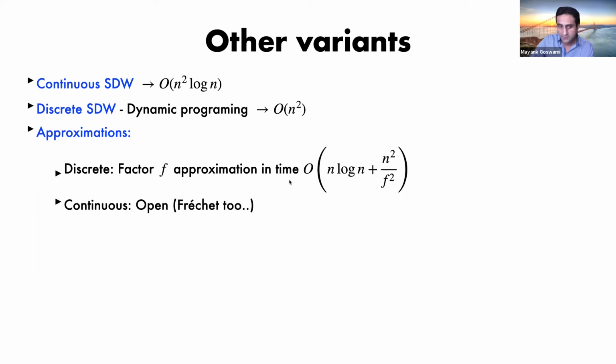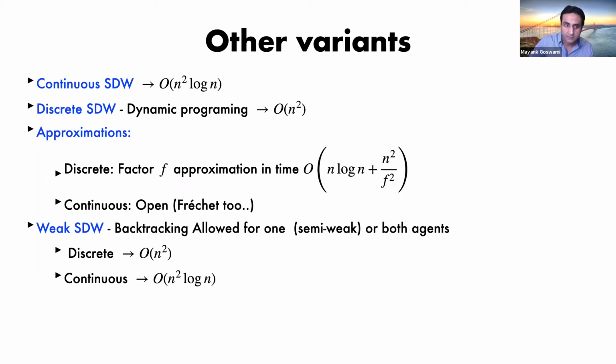For continuous, unfortunately, we don't have an approximation algorithm. I think we only have sub-exponential approximation algorithms for the continuous Fréchet distance. I don't think we yet have polynomial approximation factors. So that's open.